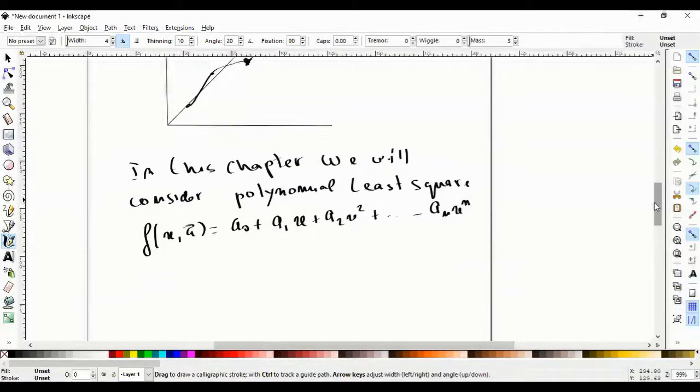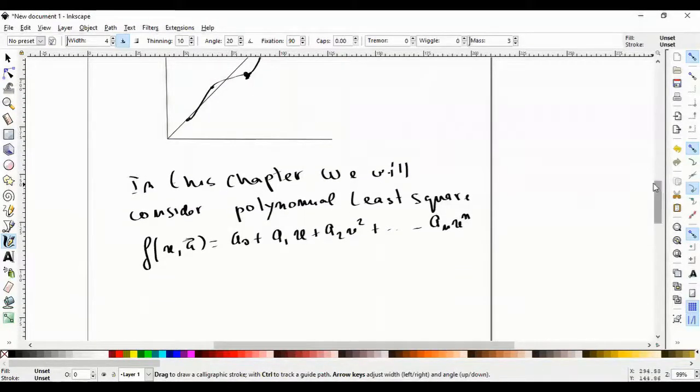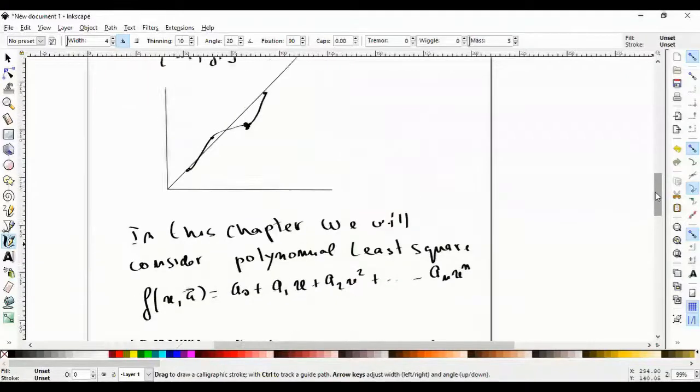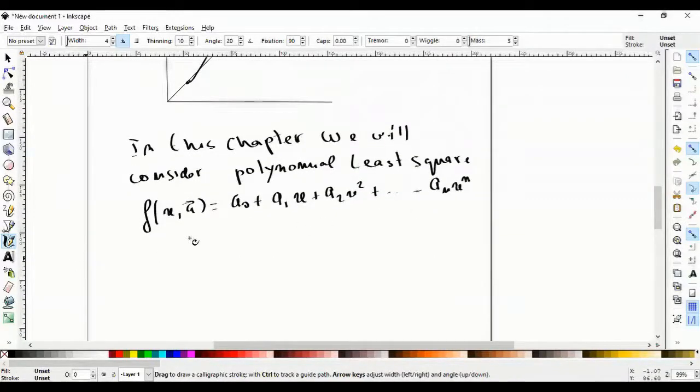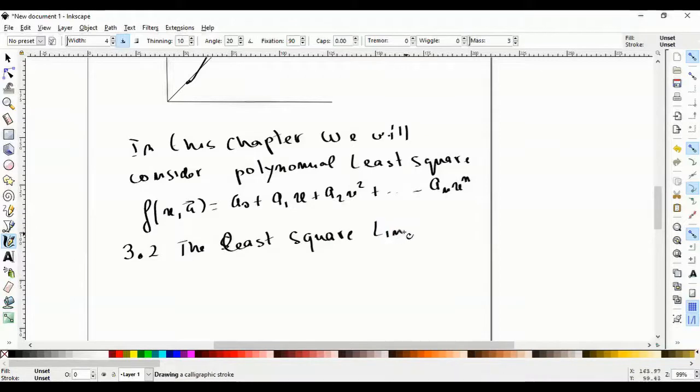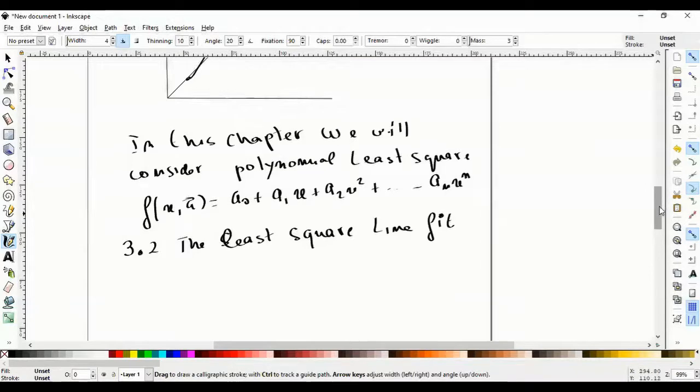So we will start with the simplest, the least square line fitting. So we will fit with a line.